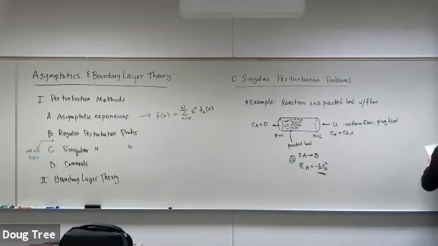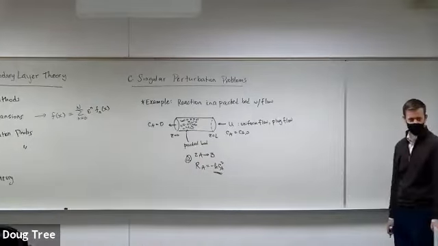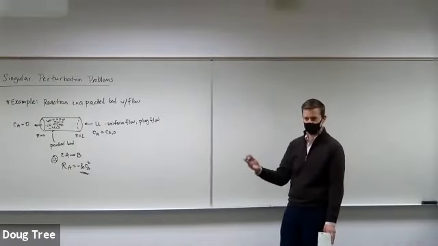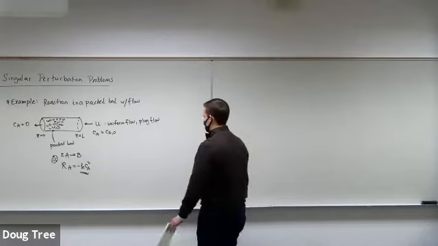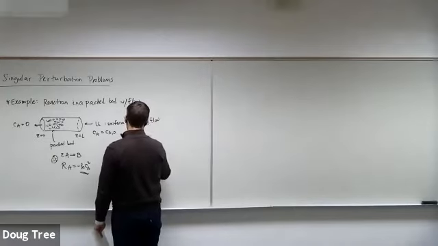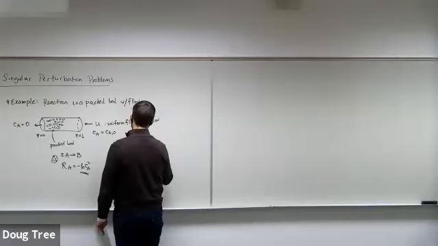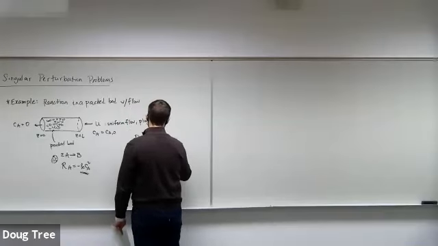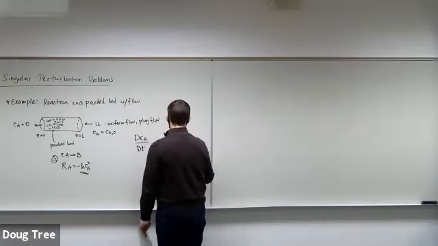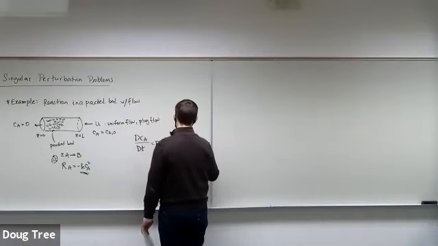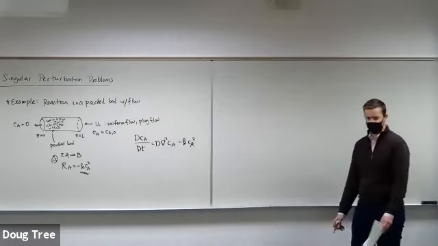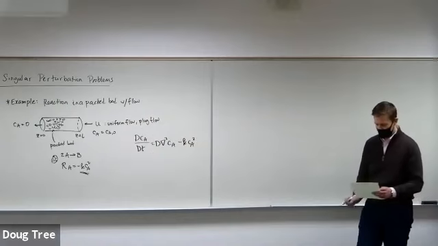Okay, so let's write down our equation. We're going to write down a species mass balance, right? This is pre-first-test stuff, so we should be able to do this pretty quick. So we have dC_A/dt equal to D grad squared C_A, I forgot the diffusion coefficient, minus k C_A squared. Okay, so that's our transport equation.